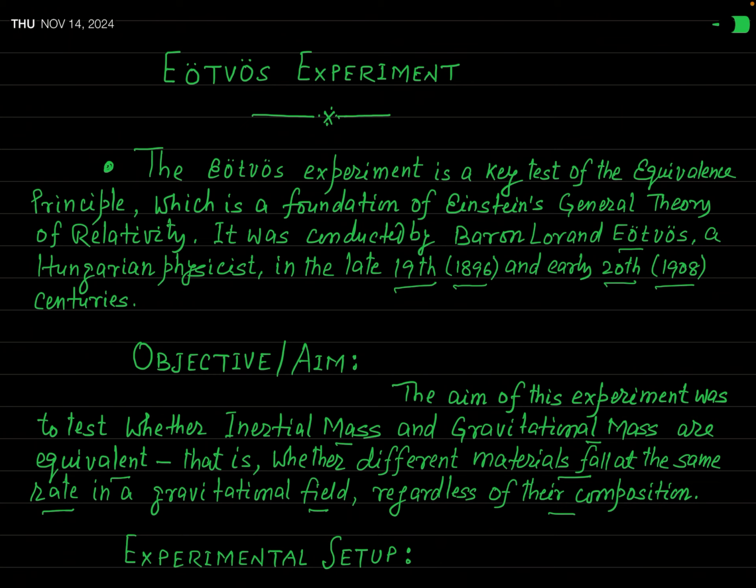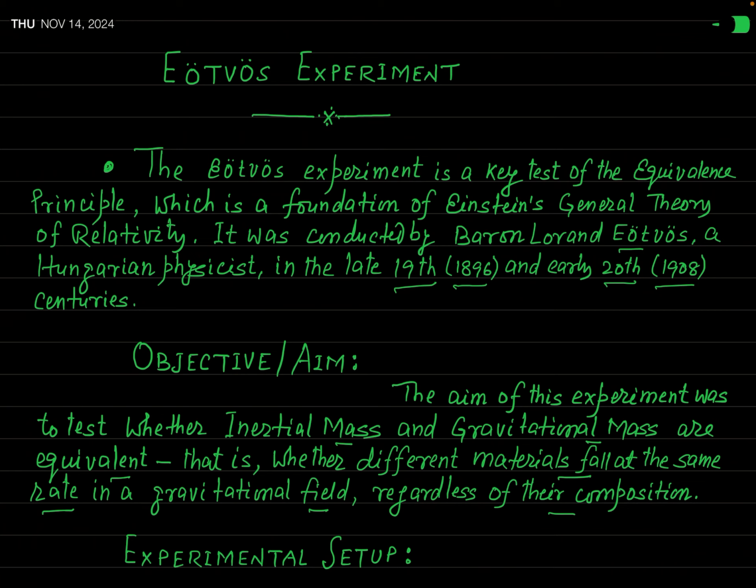Okay. Since we are going to discuss experiments, we will divide our lecture into different parts. First of all, we will see what is the purpose, the aim, the objective of this experiment. After that, we will discuss the apparatus, the experimental setup, how the experiment is done, what is the actual method, and finally we calculate the required quantity. Okay.